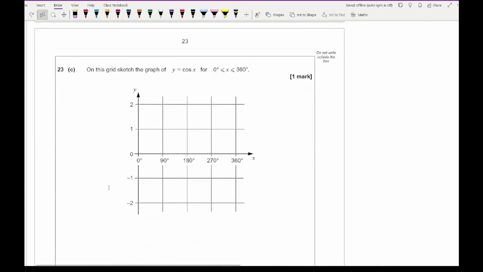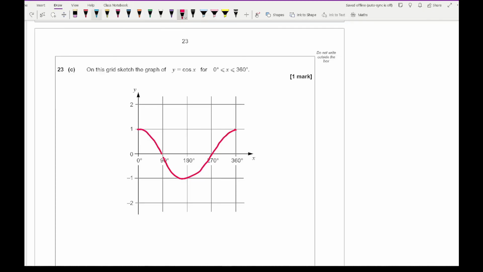Then for the last part, c, it says on the grid, sketch the graph of y equals cos x for 0 to 360. For this, it's just a case of knowing the graph. This starts at 1 and goes to 90, and then it looks something like that.